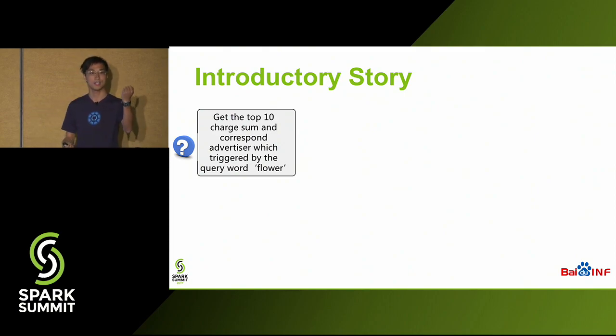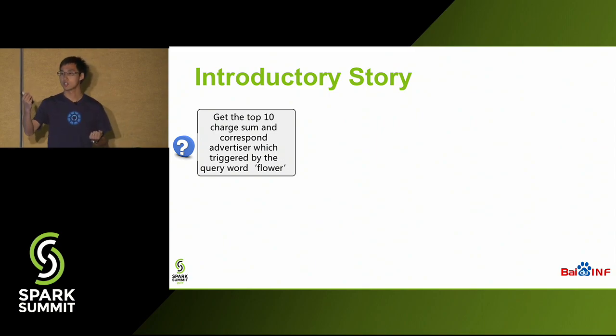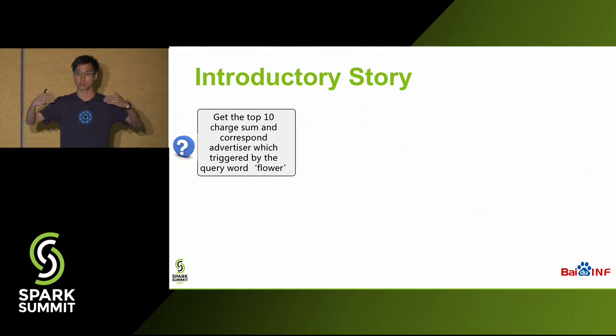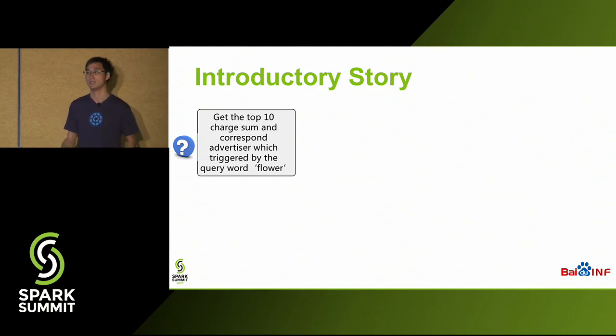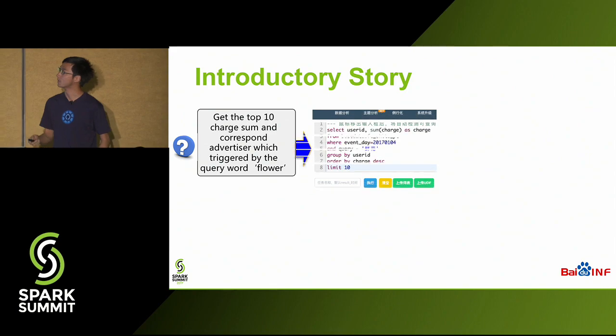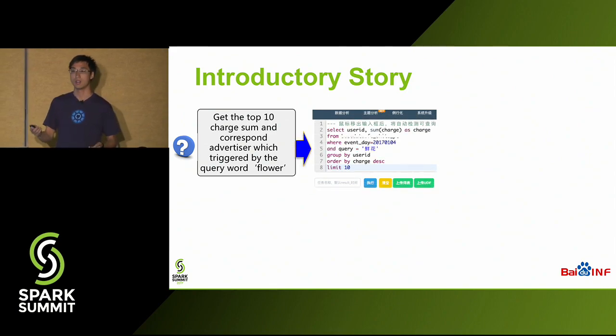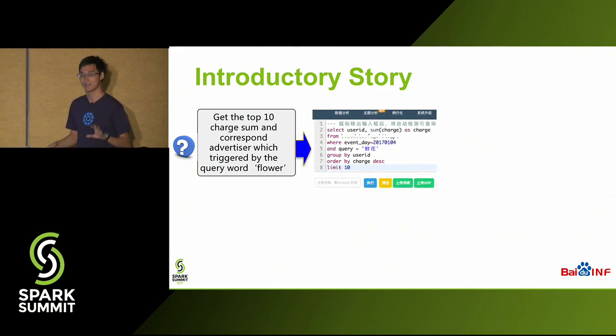You know that the click and the show of the advertisement should be joined together to find the final charge sums. So before Big Circle, the product manager should find a developer like me or others, and maybe write a MapReduce job or anything else. But in Big Circle, most of our product managers can write SQL.